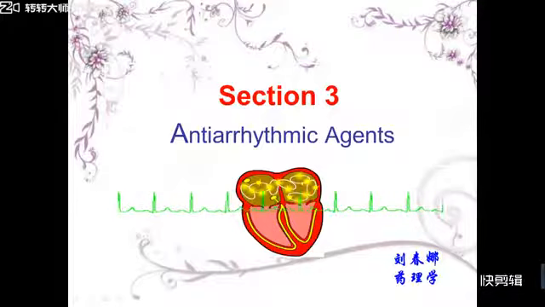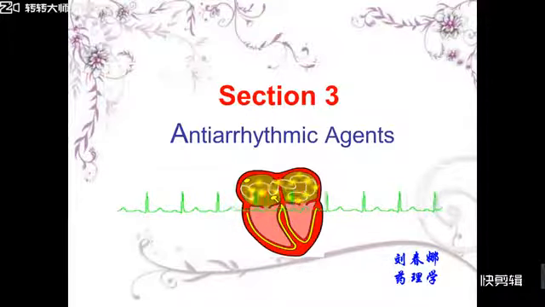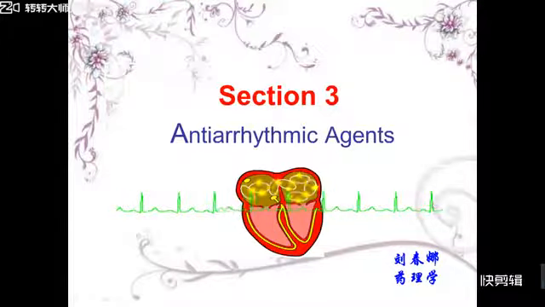So now we have reviewed the action potential of cardiomyocytes, and we also reviewed some electrophysiological features of cardiomyocytes. We know the channels are very important in heart rate and in the action potential.